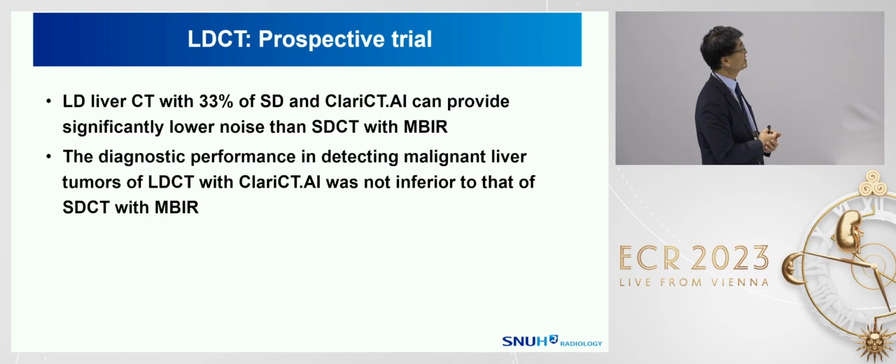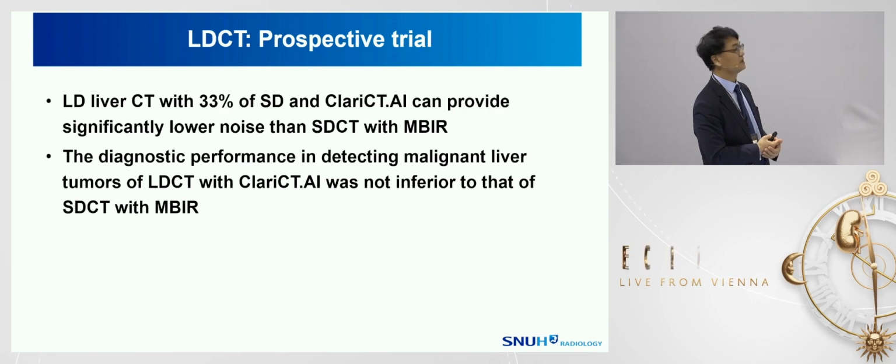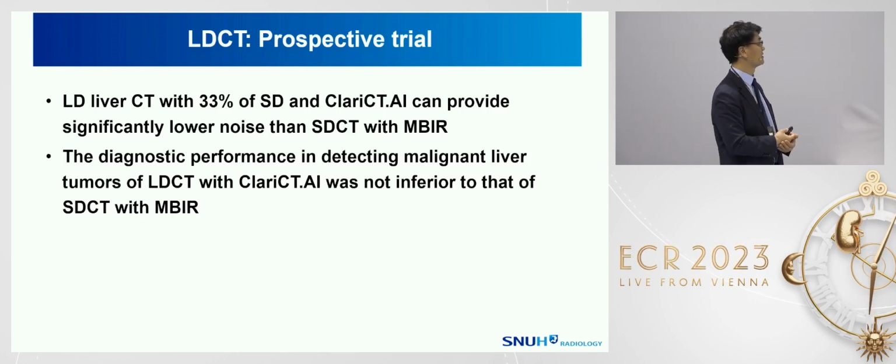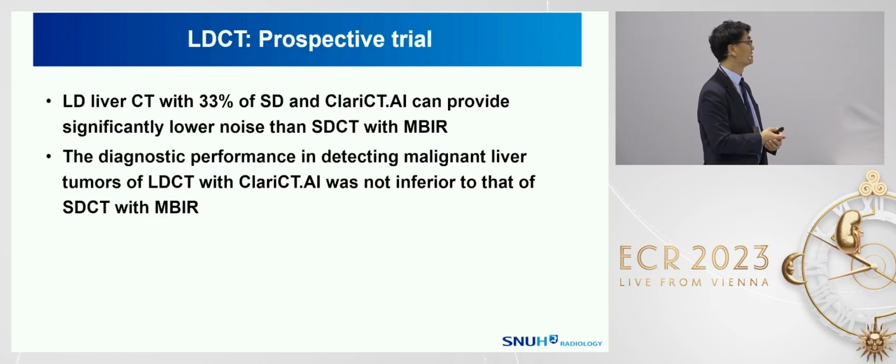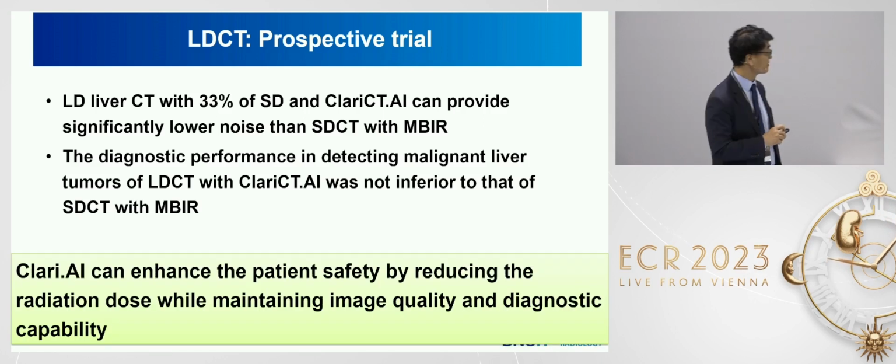So from this multi-center clinical trial, low-dose liver CT with 33% of standard radiation dose and also ClariCT.AI reconstruction can provide significantly lower noise than standard dose CT with MBIR, and more importantly, the diagnostic performance in detecting malignant liver tumors is maintained with low-dose CT with the ClariCT.AI reconstruction compared with the standard dose CT with MBIR.